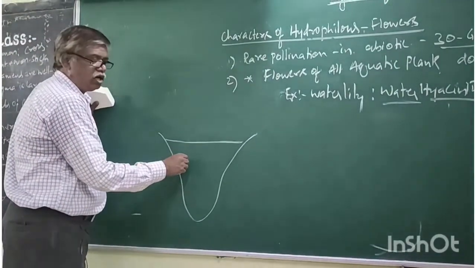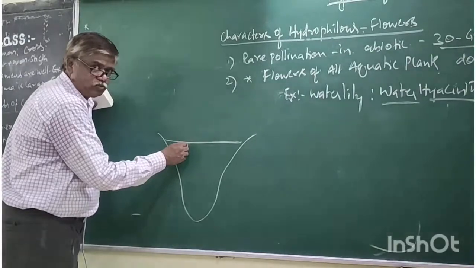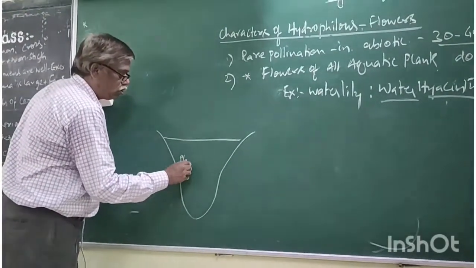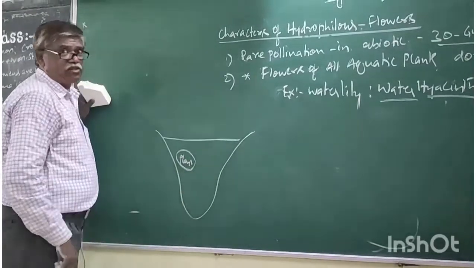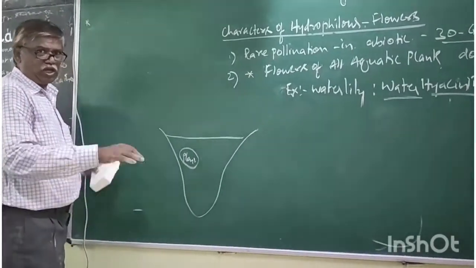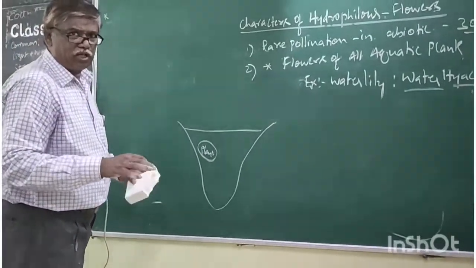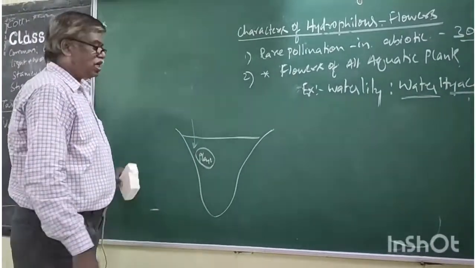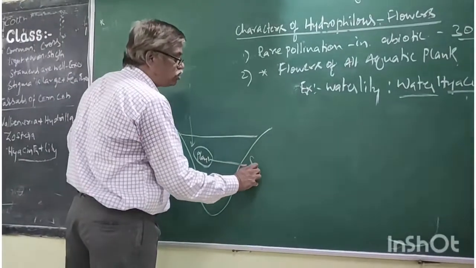Some plants are inside the water, the total root system, everything, because the light will be penetrating. Such plants are called submerged plants.